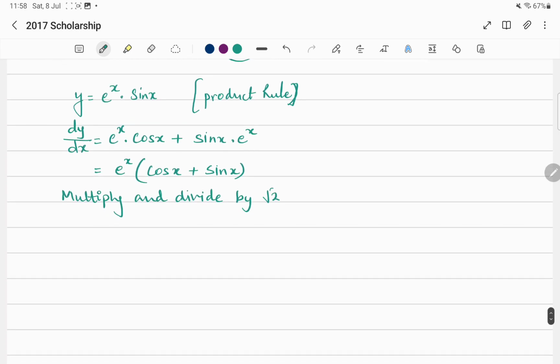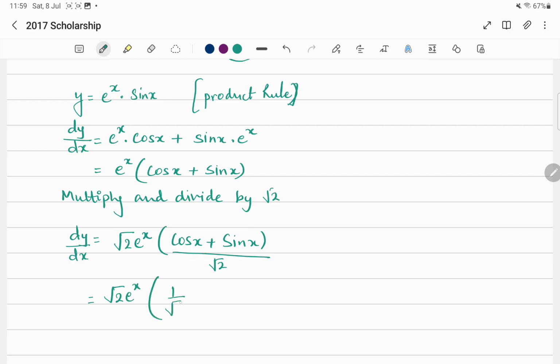We're just trying to find the equation they're asking for. So it's going to be root 2 e to the power x, and then let's have the other root 2 under the bracket. Now we will expand it as 1 over root 2 cos x plus 1 over root 2 sine x.